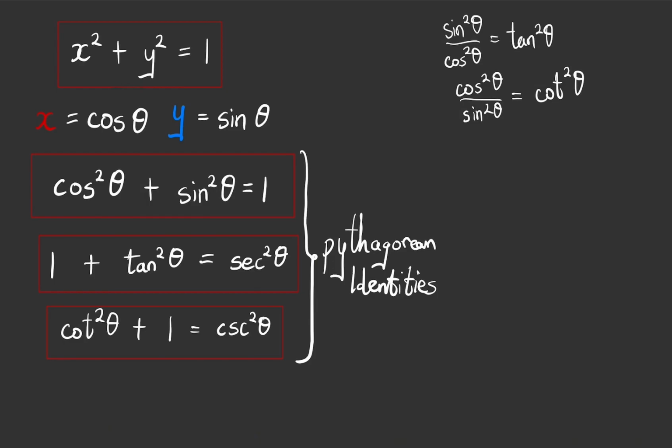So that means the tangent and the cotangent functions are reciprocals. We also saw 1 divided by cosine squared theta equals secant squared theta, and 1 divided by sine squared theta equals cosecant squared theta.